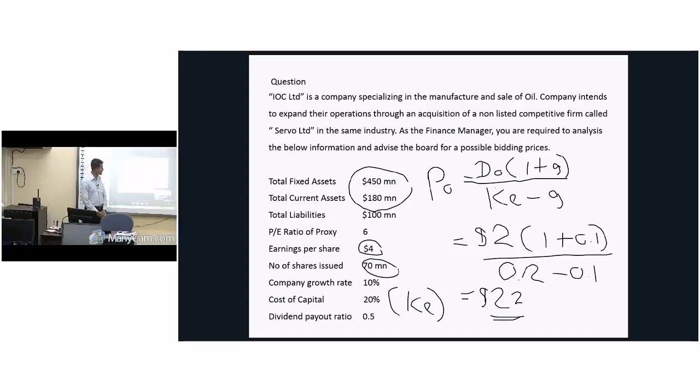The weaknesses are, here we assume the growth rate is constant. We believe the company grows at 10% every year, which is unrealistic. At the same time, we believe the cost of capital is 20%. Now, can we tell today that our firm's cost of capital is 20% forever?